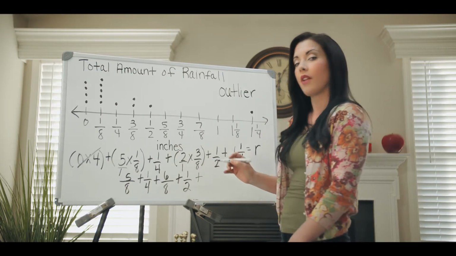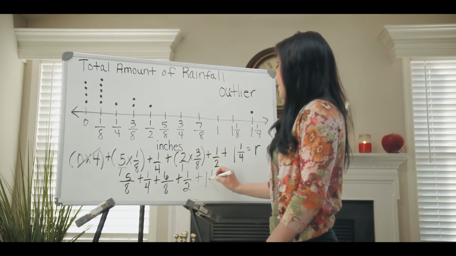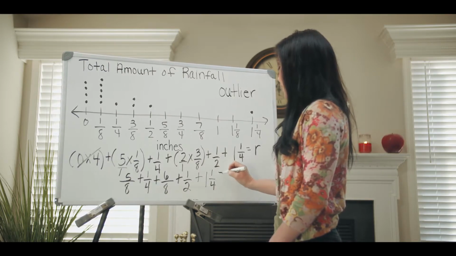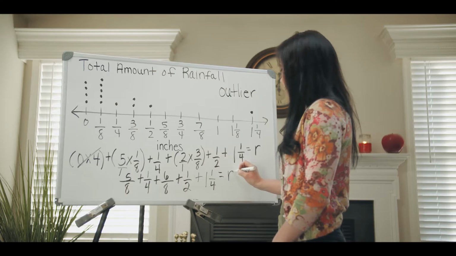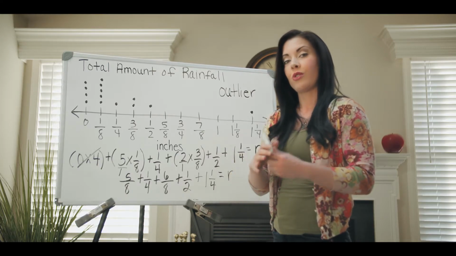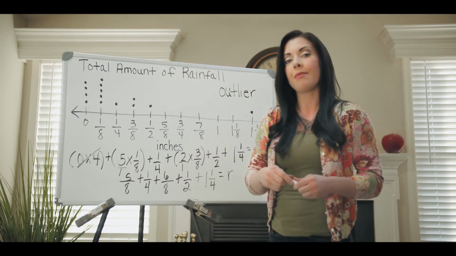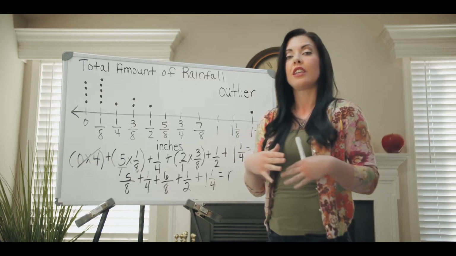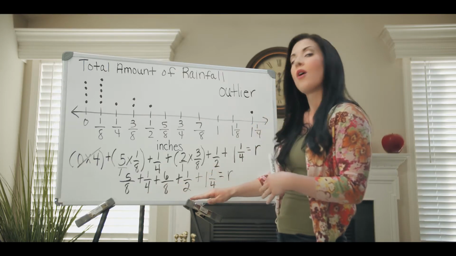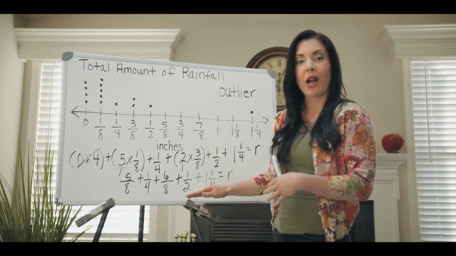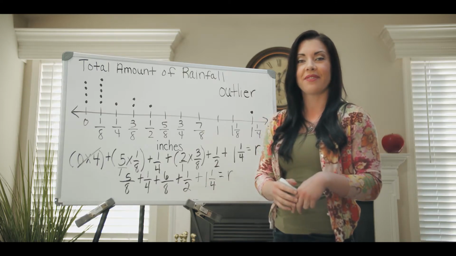Plus 1 1/4. Equals R. So since we've had some practice with this, I'm gonna give you a couple of minutes to see if you can figure out what our answer is to this problem, and then we'll share it together, okay?